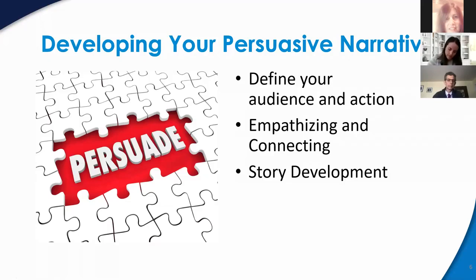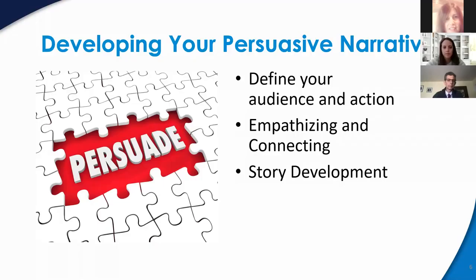So first you have to understand your audience, and you have to understand what action you want to try and advocate for. Then you have to empathize with that audience and figure out why they believe it's important to connect with you, because this action makes sense to their priorities, not your priorities, but their priorities.